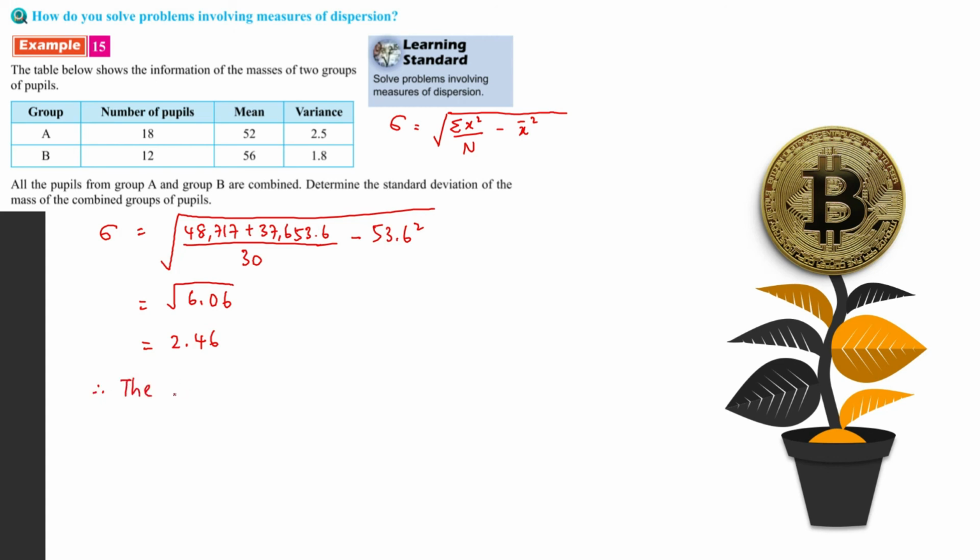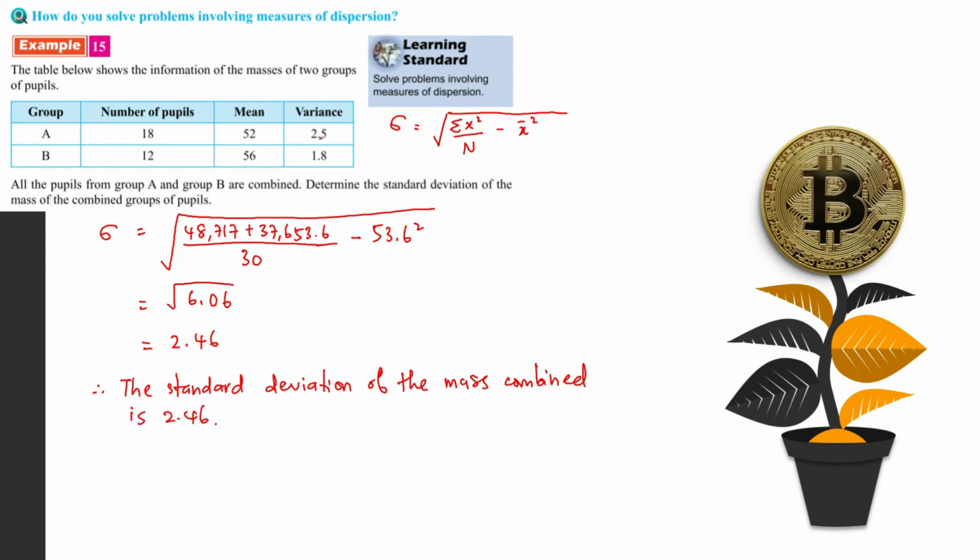So the standard deviation of the mass combined is 2.46.